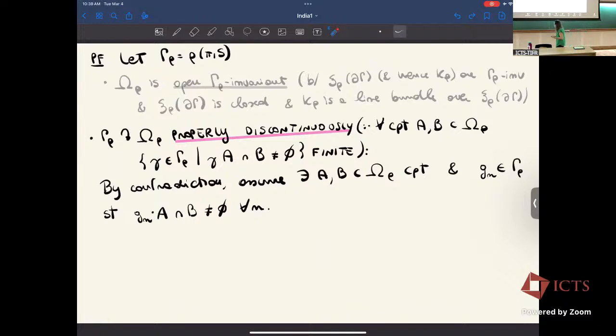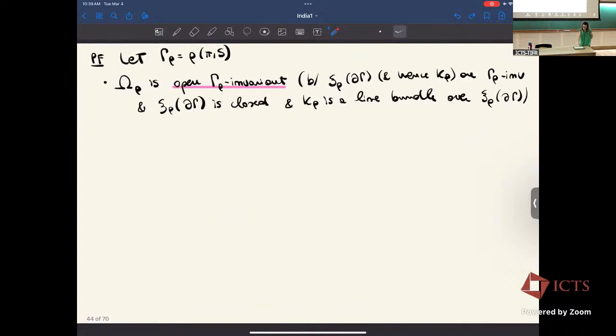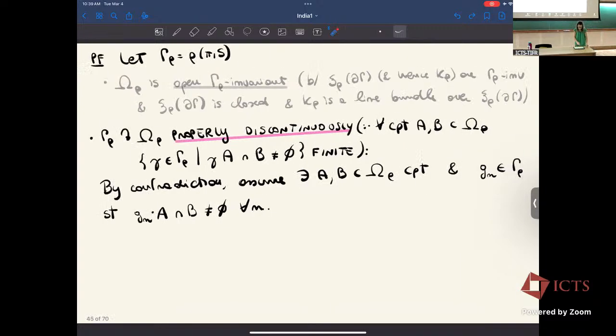The point is that there are some properties that come easily from properties of the limit curve. So the fact that the domain of discontinuity is open and gamma invariant is because the same properties hold for the limit curve, and this thickening is a line bundle over this limit curve.